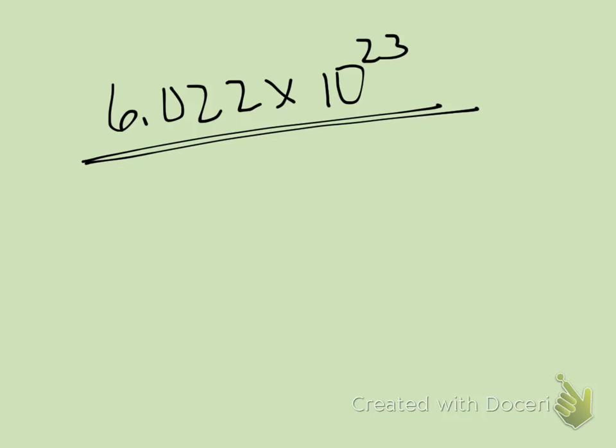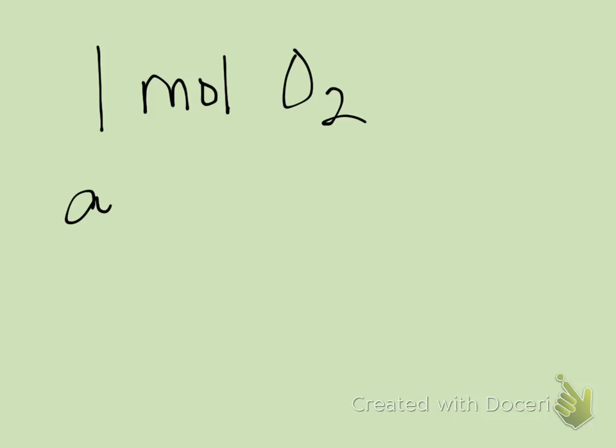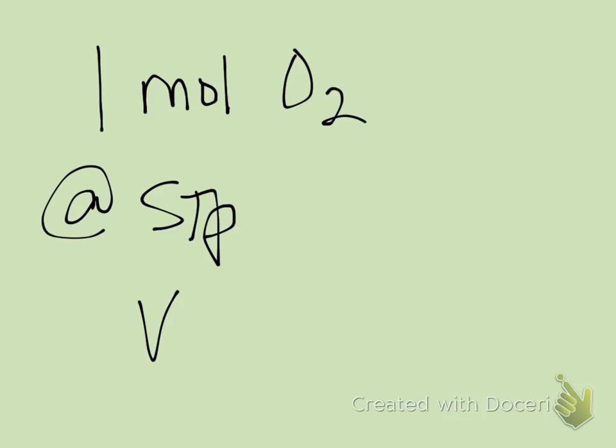Well, it gets weirder. So if we have 1 mole of oxygen, 1 mole of O2, at STP, it will have a volume of 22.4 liters. Oh.